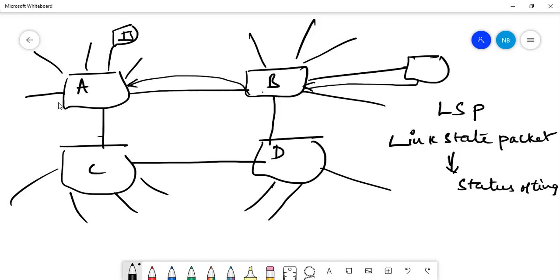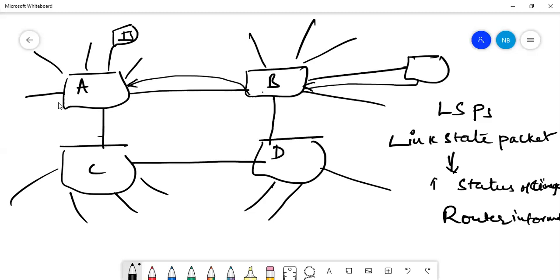Whatever information is sent here, LSPs contain the status of the links which are connected to a particular router. And they contain router information.